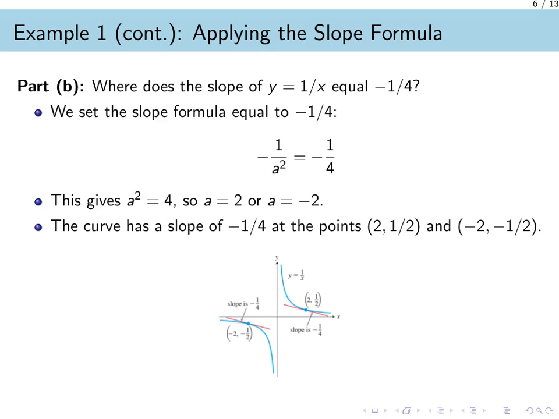This equation is equivalent to a squared equals 4. And it is important to remember that taking the square root gives two possible solutions. Therefore, we find that a equals 2 and a equals -2 are the two x values where the curve has this specific steepness. This shows how a general slope formula lets us locate points on a graph that satisfy a particular geometric property.